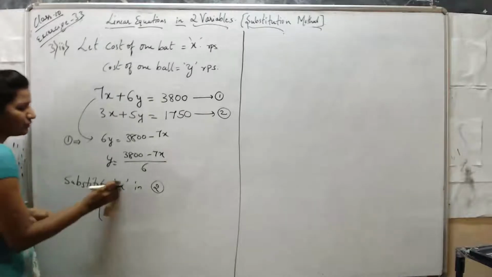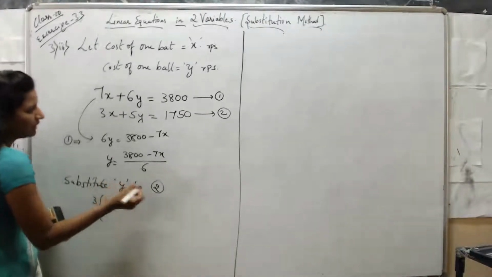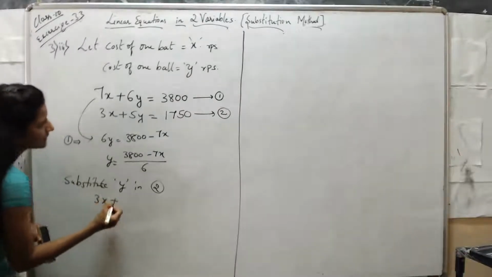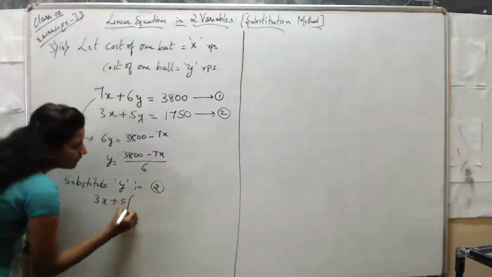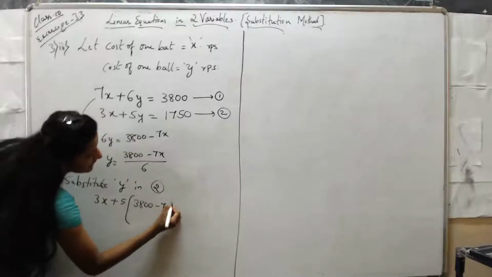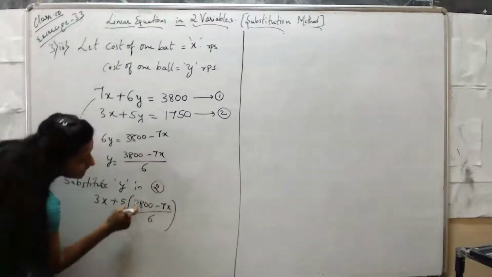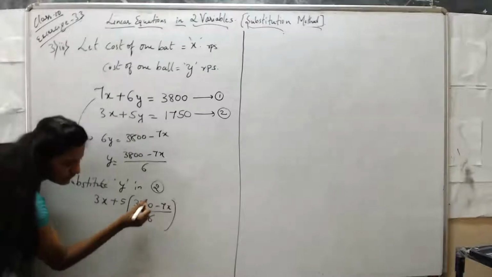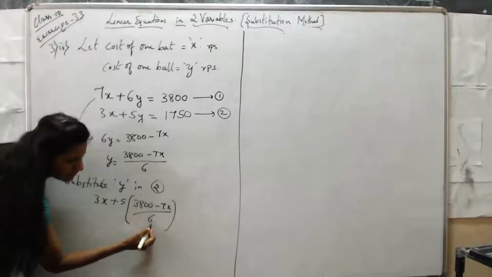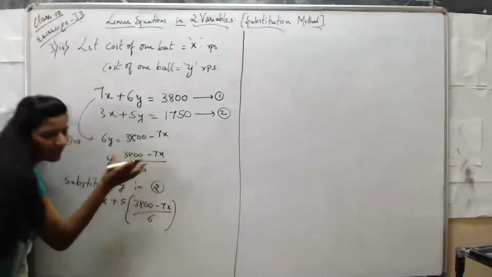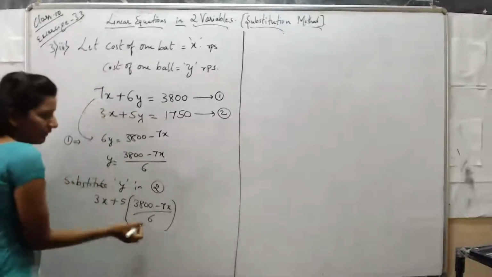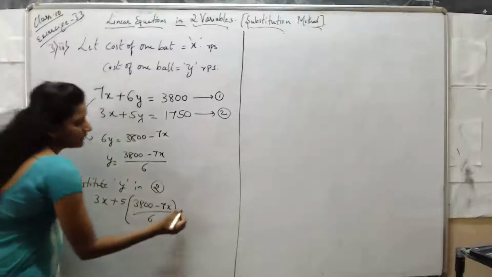Now substitute y in equation 2. 3x plus, what is y here? 5 into (3,800 minus 7x). Why I have taken this is, see here, 3,800 is divisible by 2, and here also 2 threes are 6. That's why I am taking the y value. If you take the x value, you can't divide, because it comes 7 and we can't divide by a common divisor.